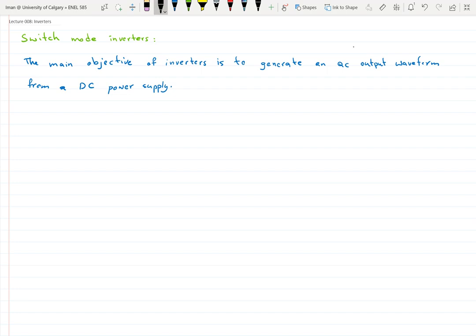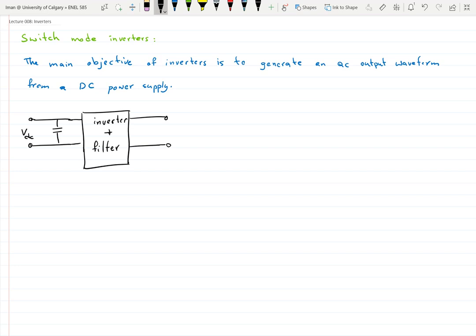Okay. So if we have our input here as VDC, which is a DC voltage, and then we have a capacitor here, and then we apply that to our inverter plus some filter, right? So at the output terminal, I want to have a sinusoidal voltage or an AC voltage here. Typically what we want is sinusoidal, so I out.